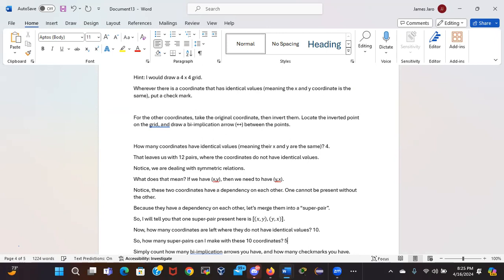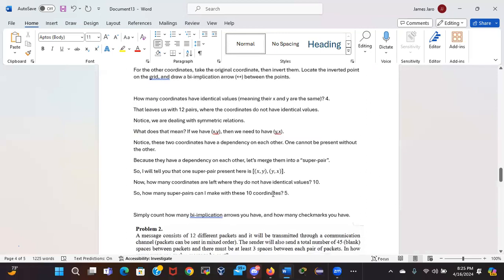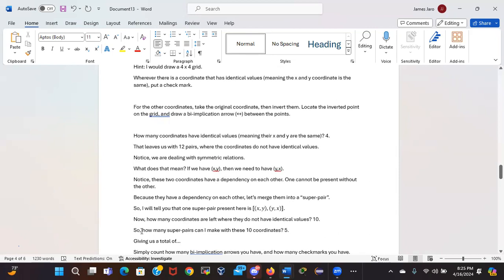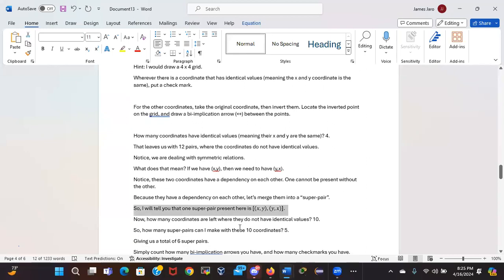Five. So then how many in total? Exactly. 6 super pairs, which is where I get 6 super pairs. How did we go from 5 to 6? We went from 5 to 6 because of this additional super pair that I gave as an example.